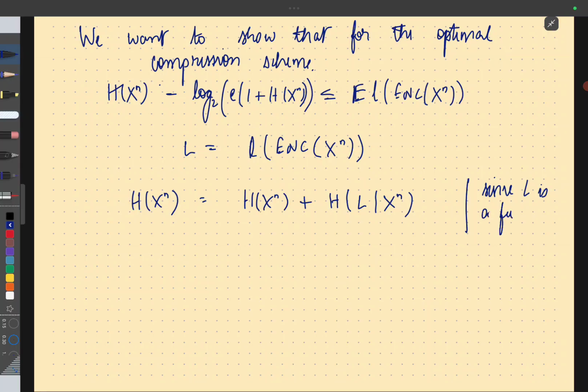Since L is a function of X^n, we have H of L given X^n equal to 0. Right? So given X^n, there's no more uncertainty left in what the length of the compressed version is. Because you know X^n, you know the encoding, and therefore you know the length of the encoding.